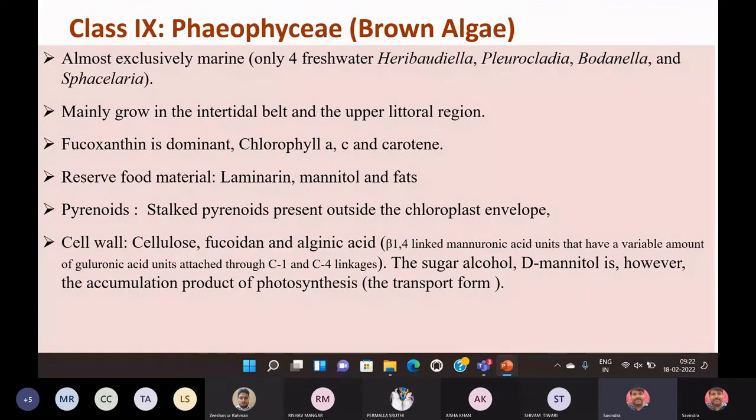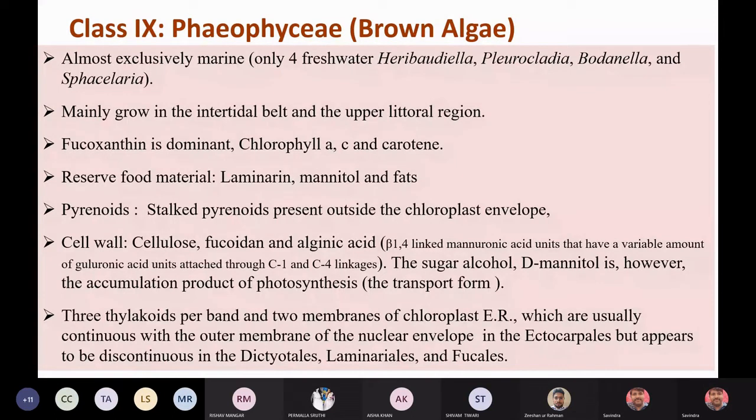The sugar that dissolves and is transported inside the cells is mannitol, and the one that is structurally confined to one place in the cell wall is alginic acid. Besides this, you also get laminarin, sometimes fats also, but mainly it's the reserve food material. In the vacuole you will find laminarin, in the cell wall you will find alginic acid, and in the cytoplasm, wherever it is required, mainly inside the mitochondria, it is D-mannitol.